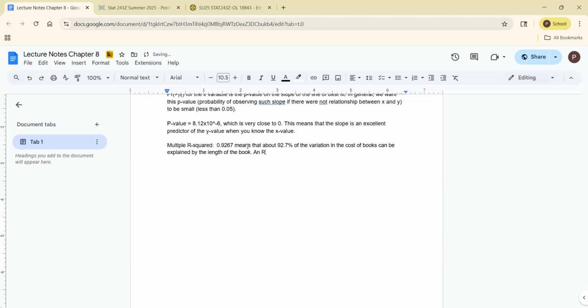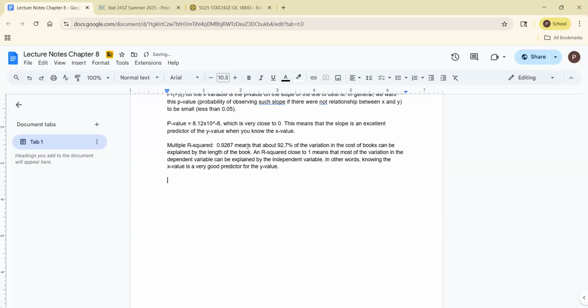And r squared close to 1 means that most of the variation in the dependent variable can be explained by the independent variable. In other words, knowing the x value is a very good predictor for the y value.